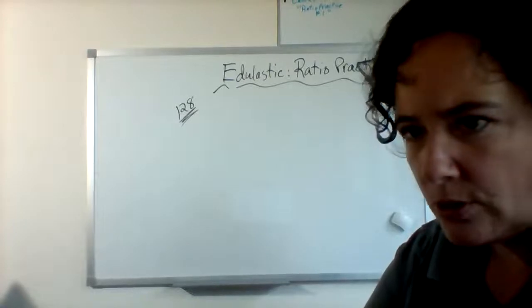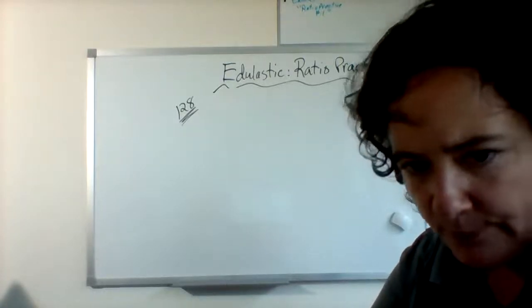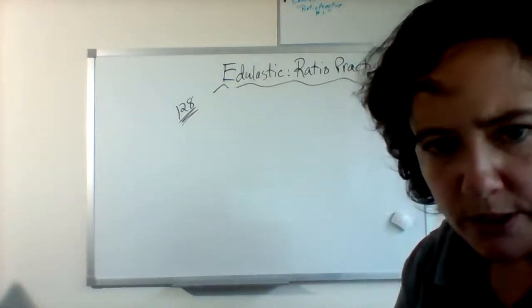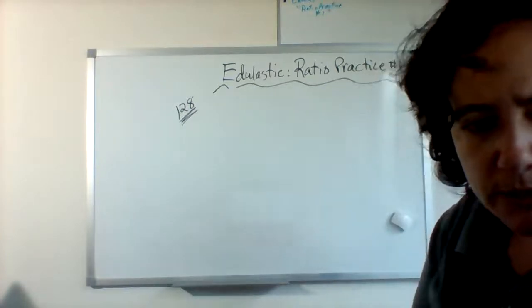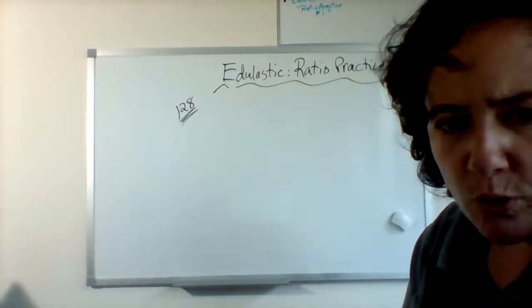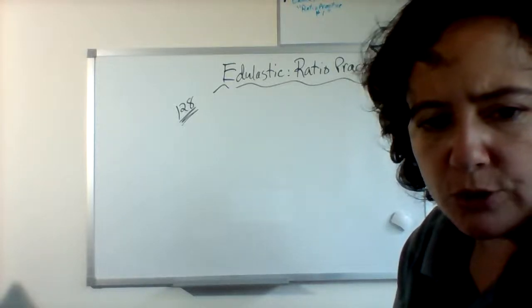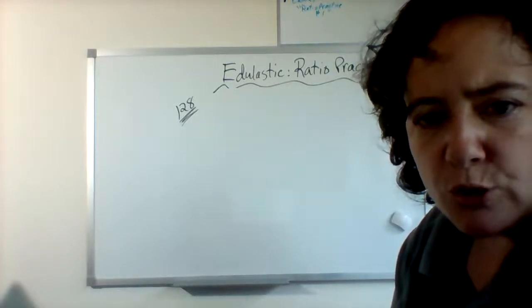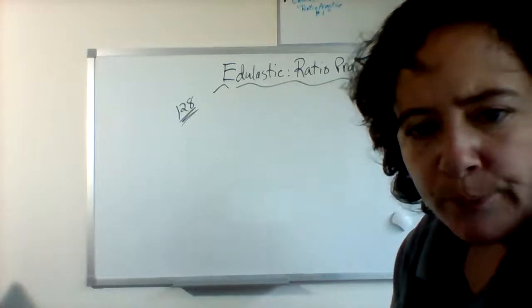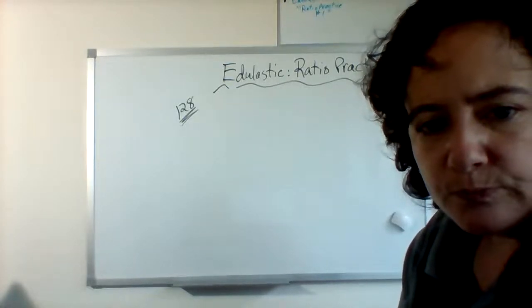We have boys to girls, and it looks like the total for the boys is 120. That's above. The diagram shows the ratio of boys to girls in the 6th grade, and using the diagram, determine how many girls are in the 6th grade. So they want us to find the total for the girls.